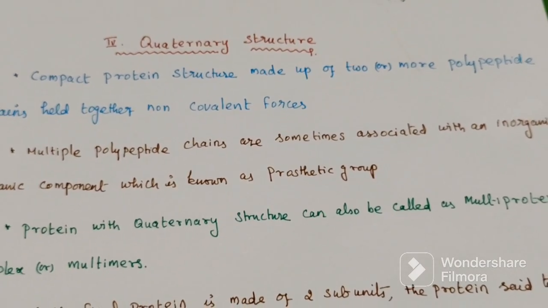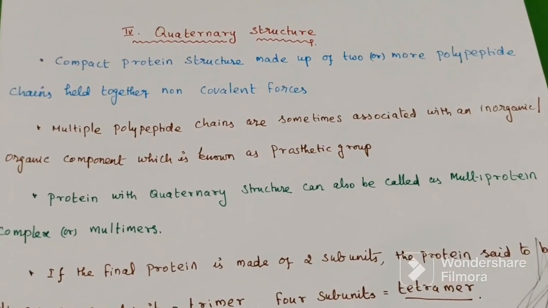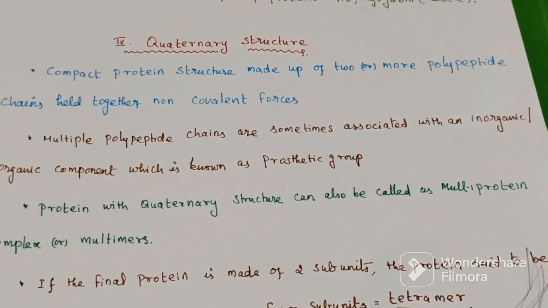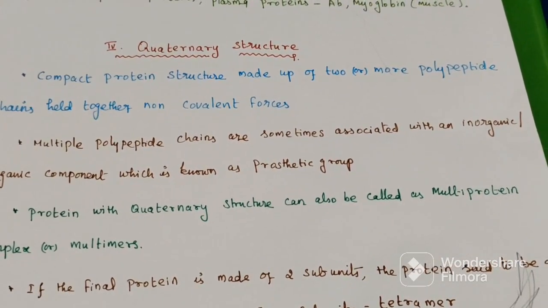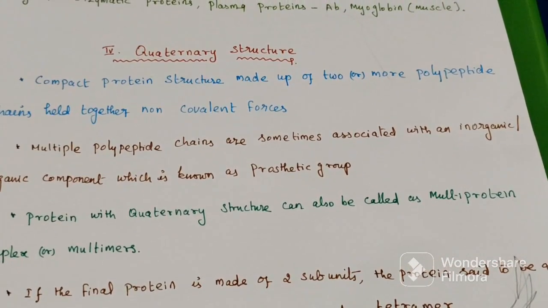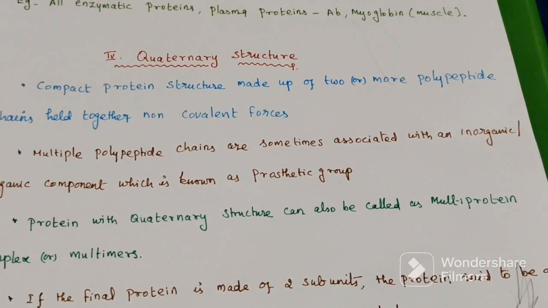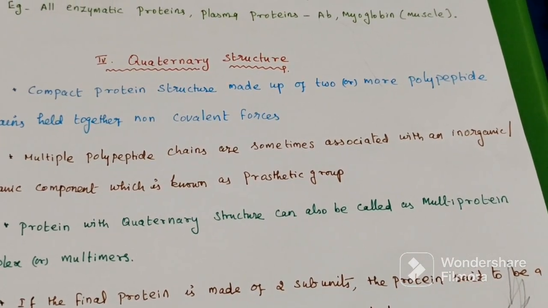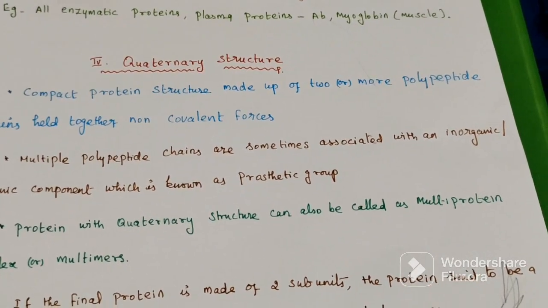But the quaternary structure forms from two or more polypeptide chains which are linked together by non-covalent interactions, for example electrostatic interaction, hydrogen bonding, van der Waals force and this type of bonding.